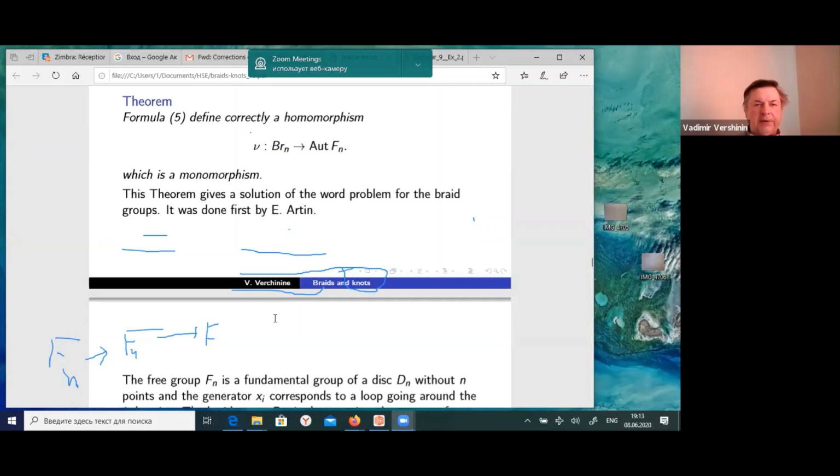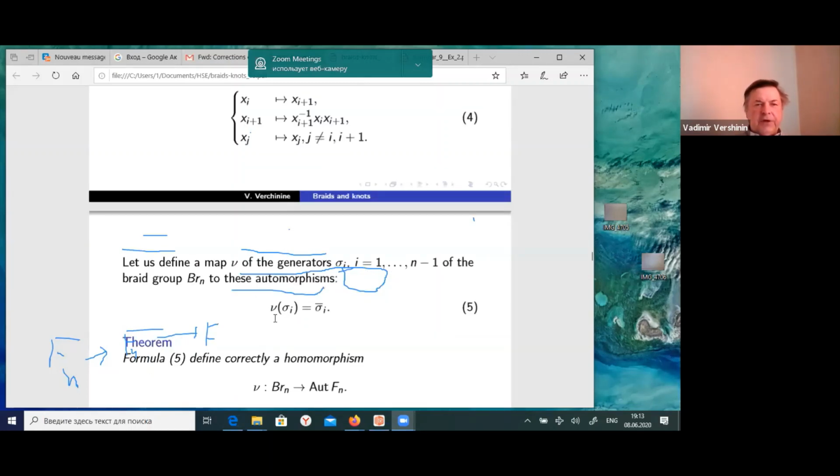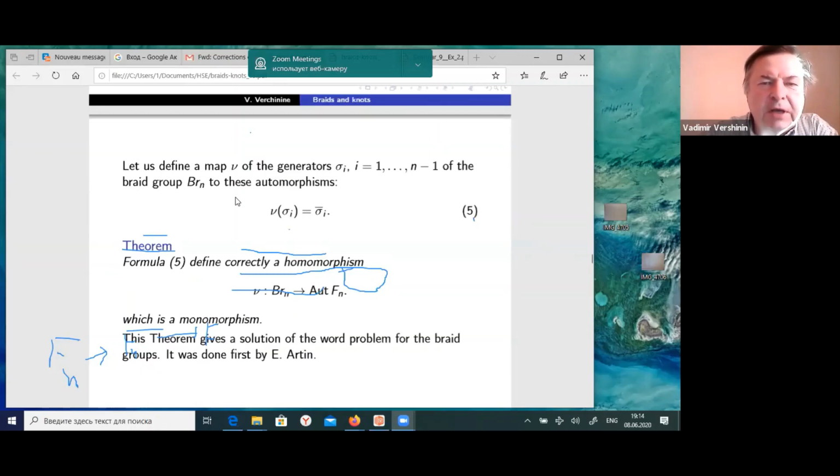I can explain this in the following form. Maybe it will be almost the proof. So this fact, the monomorphism, gives you the solution of the word problem in the braid group.